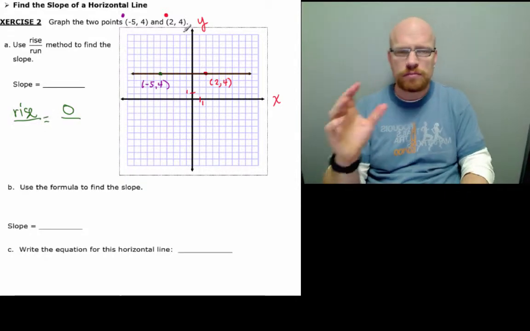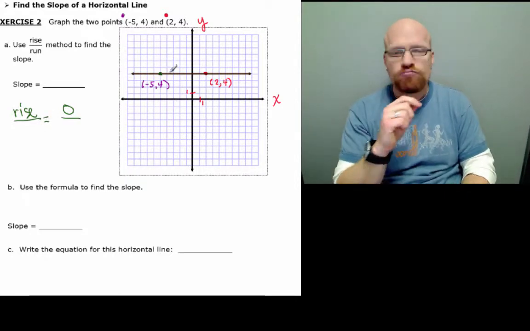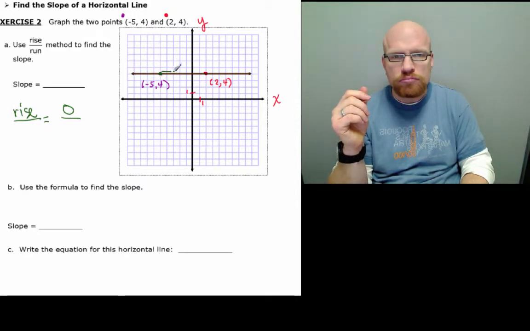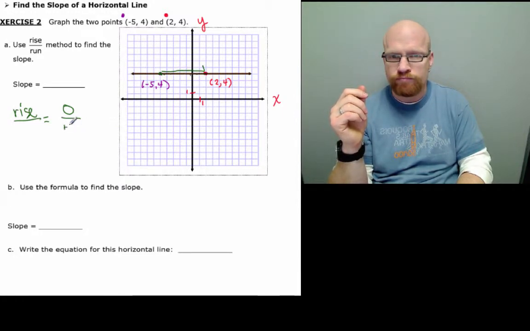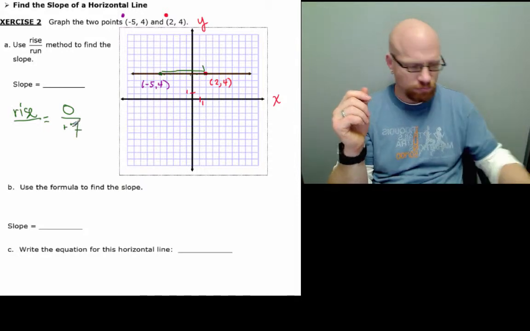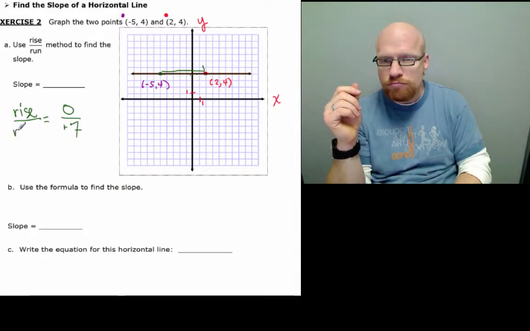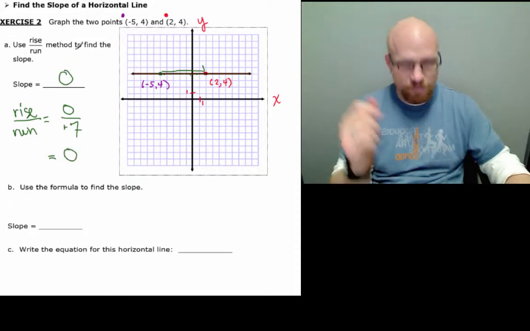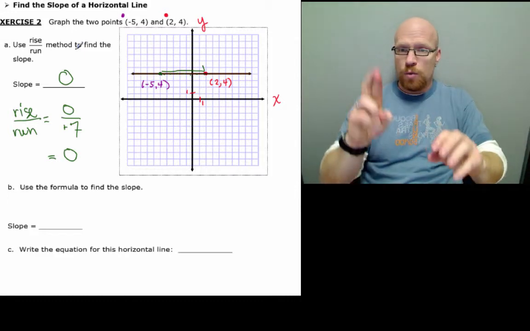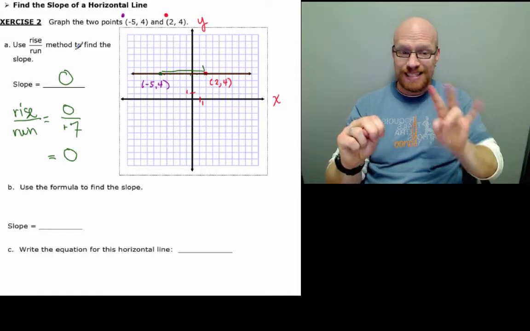Now run. So now we see the rise is 0, run is 7.